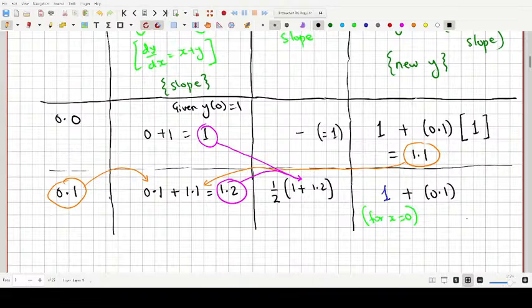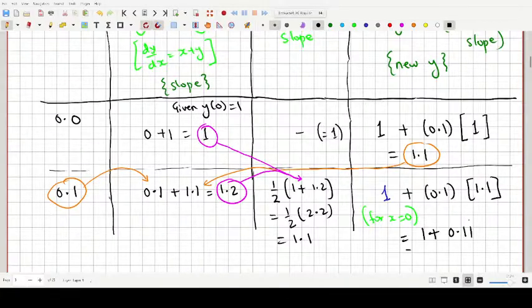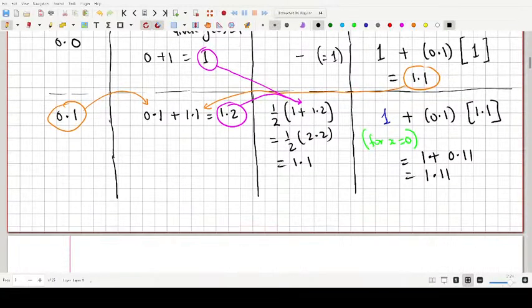The mean slope that we have got in the third column is 1.1 over here. So 0.1 multiplied by 1.1 would give us 1.11. So this is the new value of y that we have obtained.